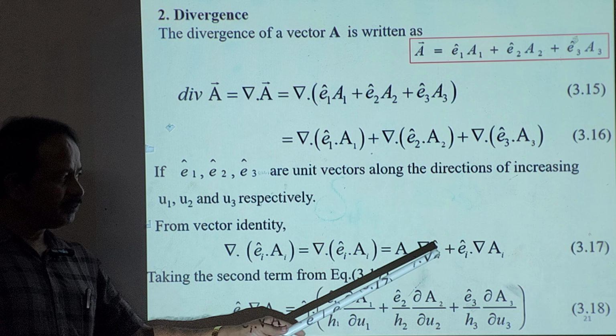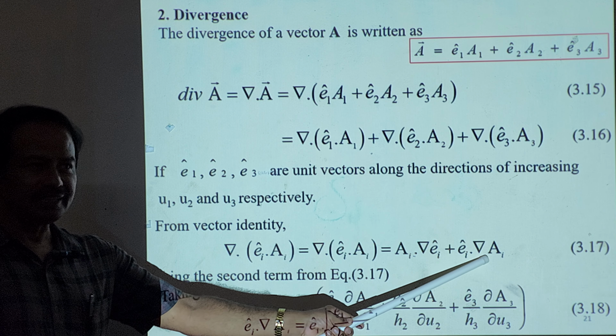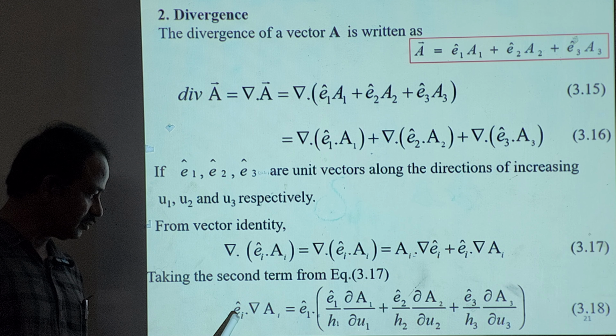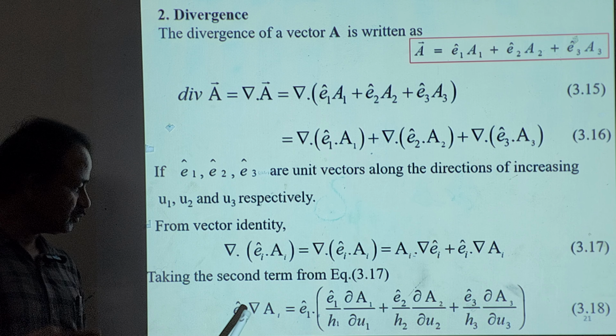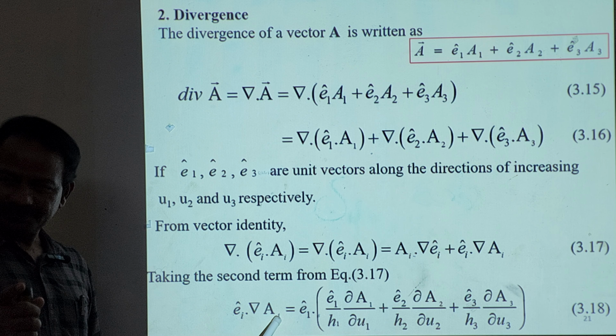See here, we are going to get the expression for EI dot del AI. For the first one, I stands for 1, so E1 dot del A1.